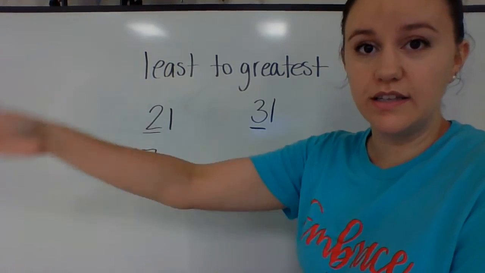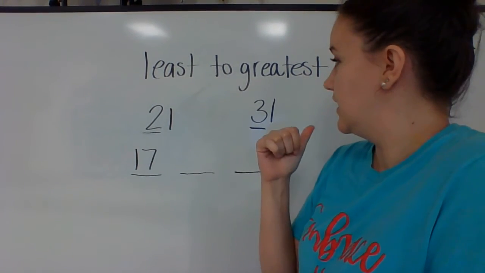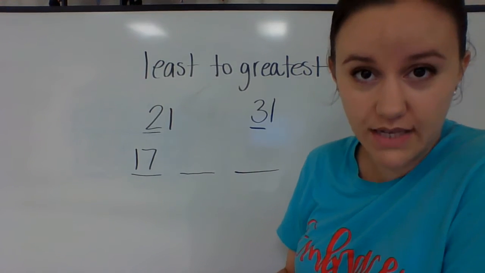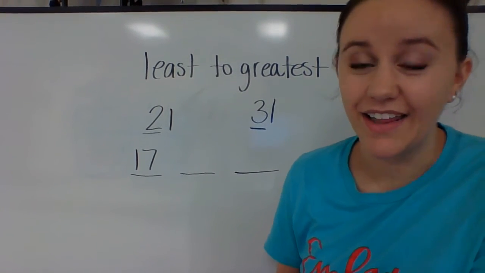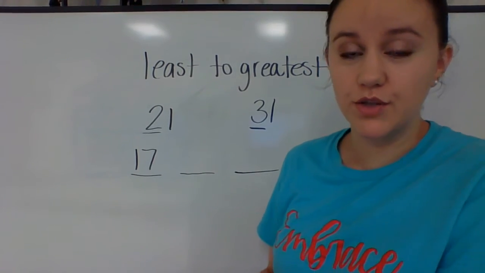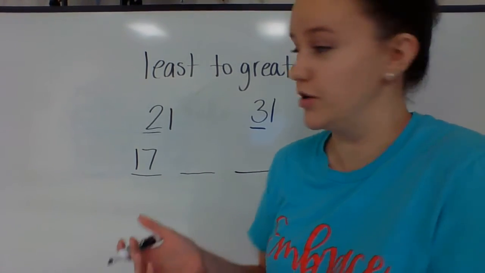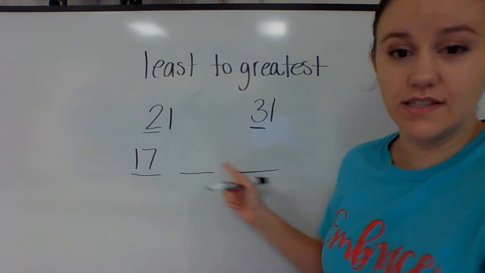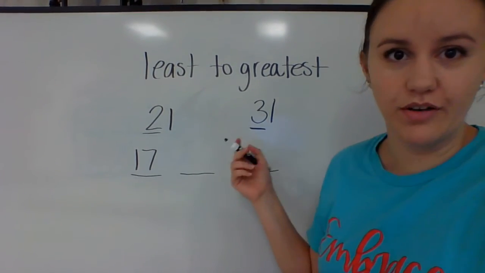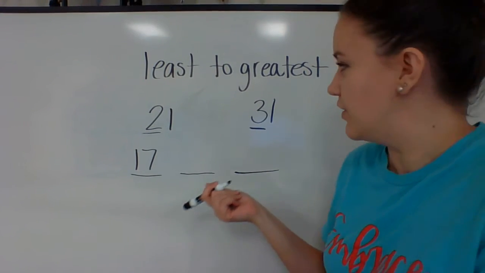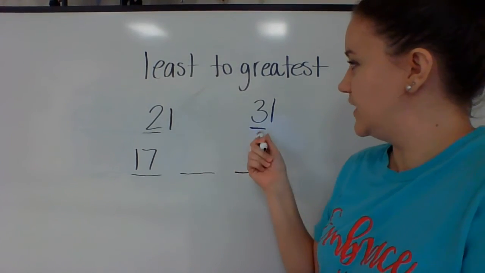Okay, if I'm starting at least and moving to greatest, what number is going to come next? Now that might be a little tricky. So what I can do is, if I'm only working with 3 numbers, I don't have to find this number necessarily. I can find the greatest number next. And then whatever number's left will be the one that goes in the middle. So out of these two, I have 2 tens and 3 tens.